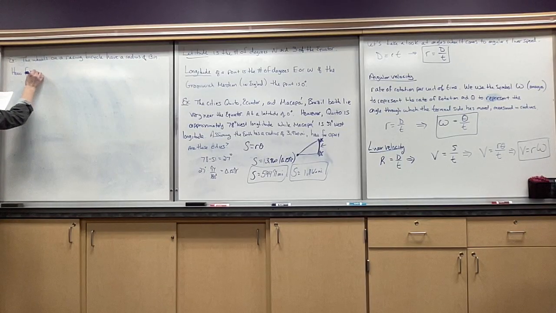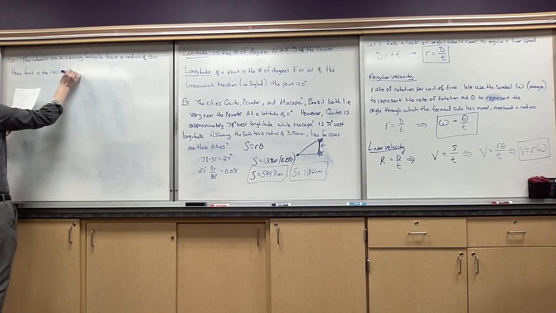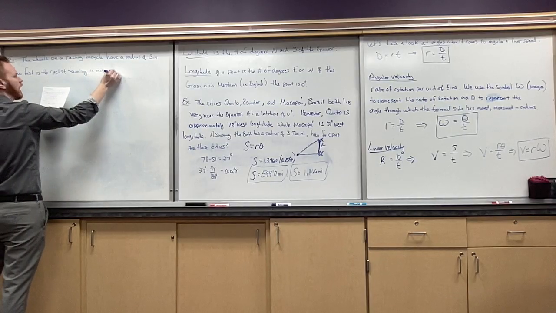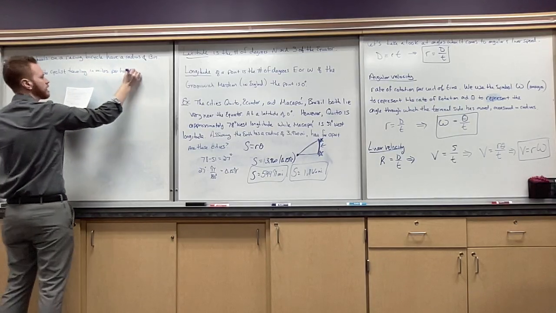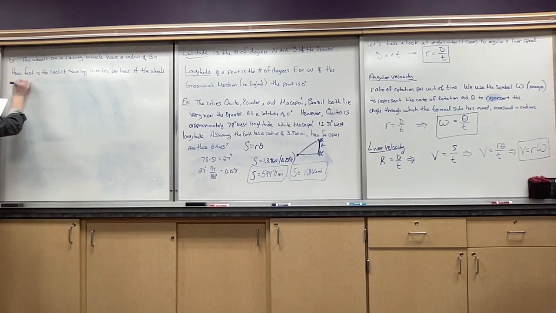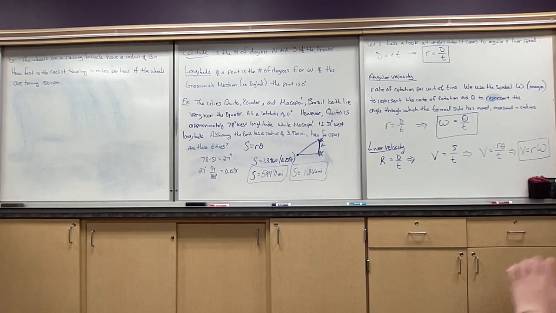How fast is the cyclist traveling in miles per hour if the wheels are turning 150 revolutions per minute? So that's what we're going to try and figure out here. How fast is the cyclist moving? What's that linear speed?